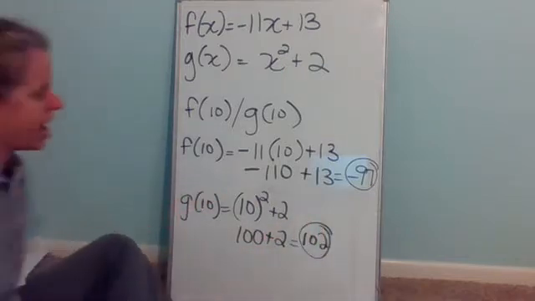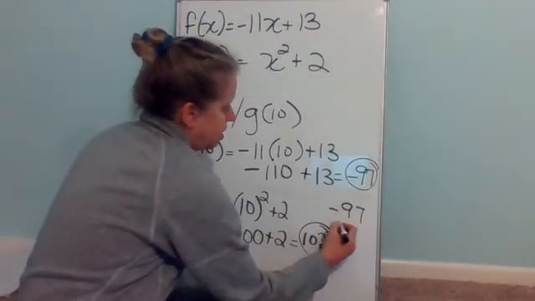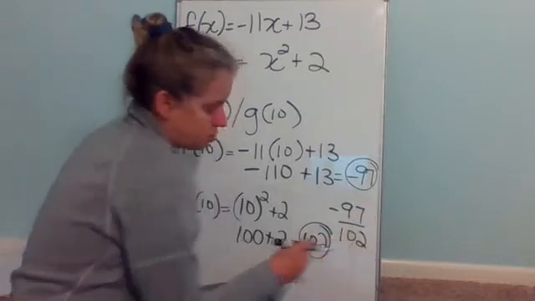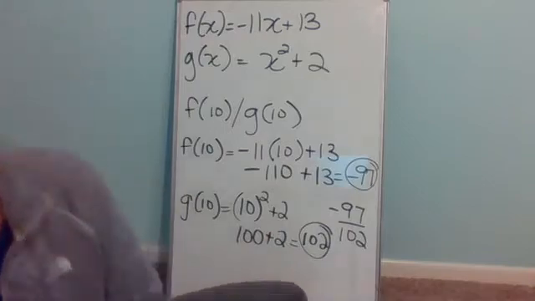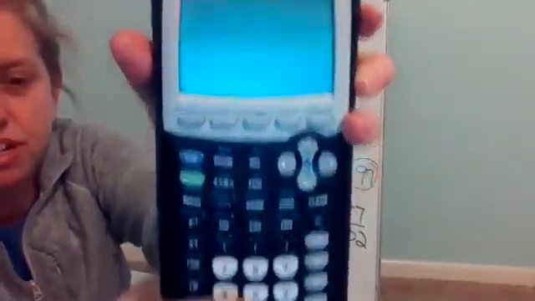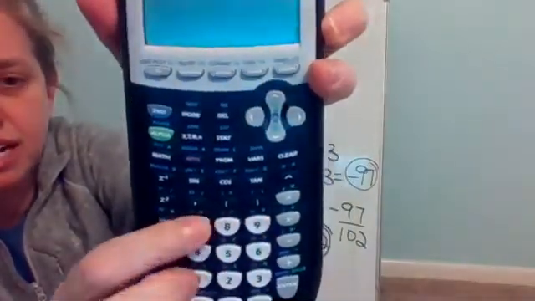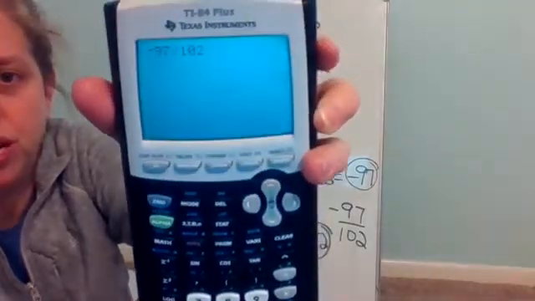So let's see what I have. I've got negative 97 over 102. So let's make sure, because it's going to say to write it in simplified form. So remember to check that. So negative 97 divided by 102 and hit enter.